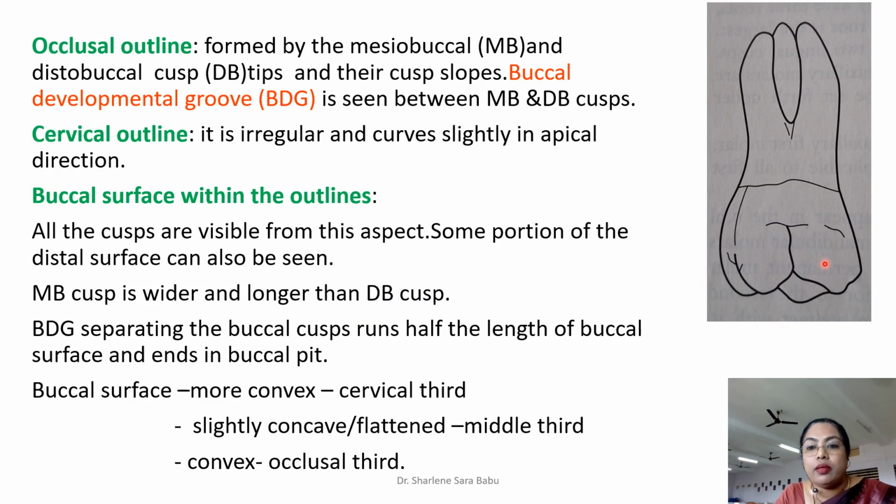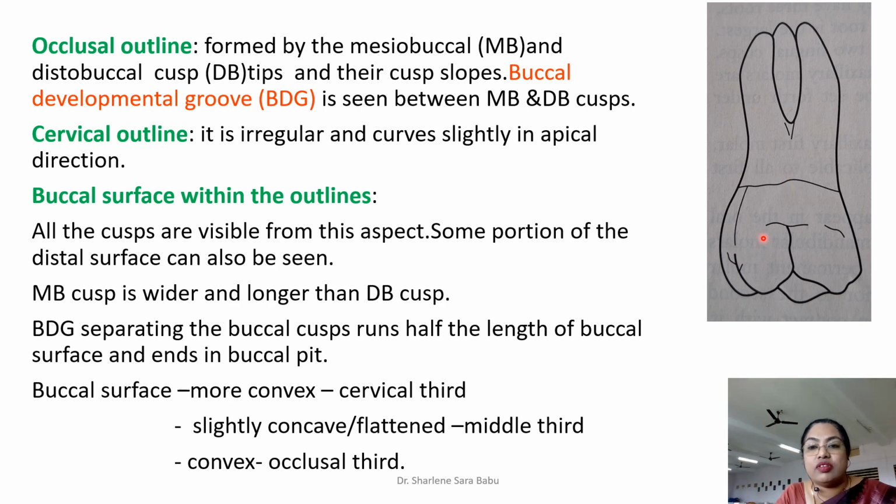It is formed by the mesiobuccal cusp and the distobuccal cusp and their cusp slopes. The buccal developmental groove is seen between the mesiobuccal cusp and the distobuccal cusp. Next, about the cervical outline, it is irregular and curves slightly in apical direction.